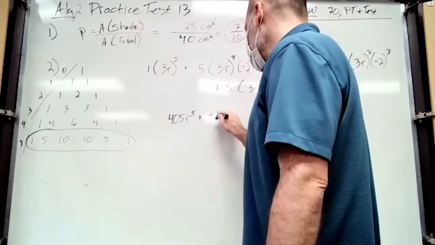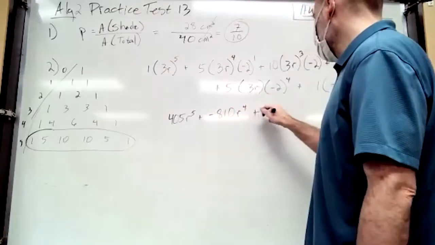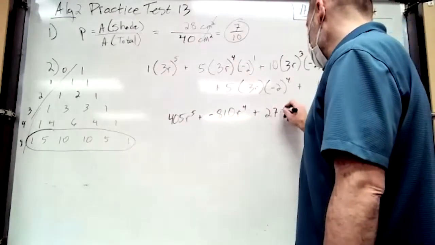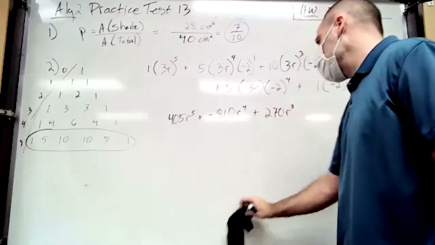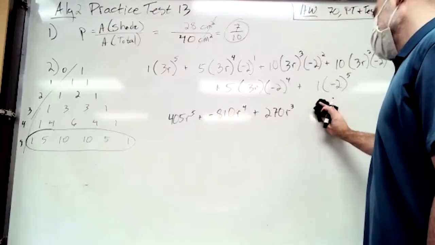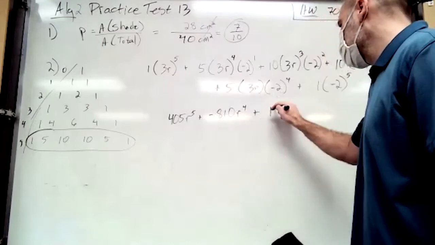So -810 r to the 4th plus 27r cubed, but times 10 is 270 r cubed. Oh, times negative, I keep forgetting that. Times 4, what's 270 times 4? So that's 1080.